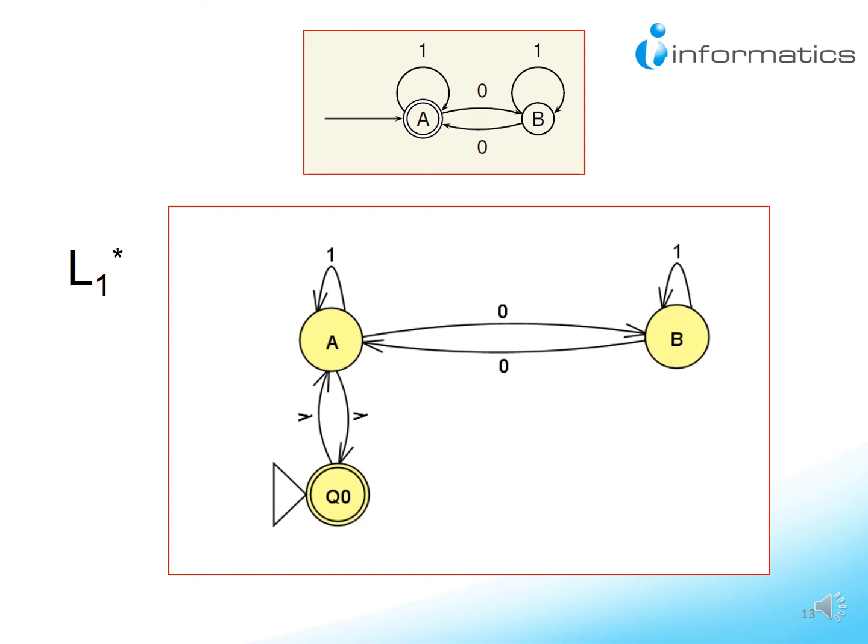So if needed, from Q0 we can make a lambda move to A and perform the operation of the original machine until it goes to final state A and back to Q0 again. And we can do it any number of times, including 0 times, because Q0 is also a final state of the new machine. In this way, we develop a new machine that can accept the Kleene star of L1.